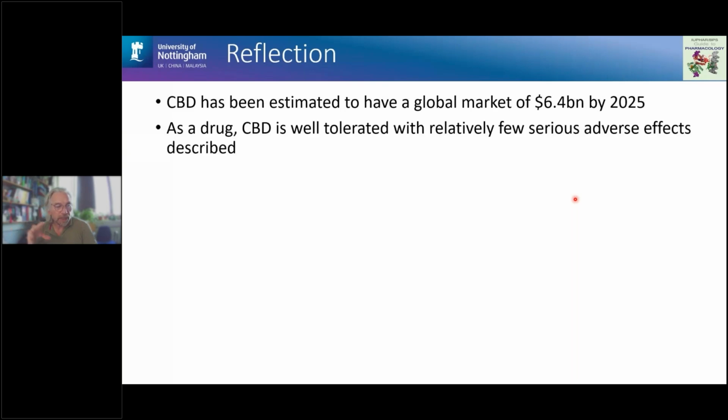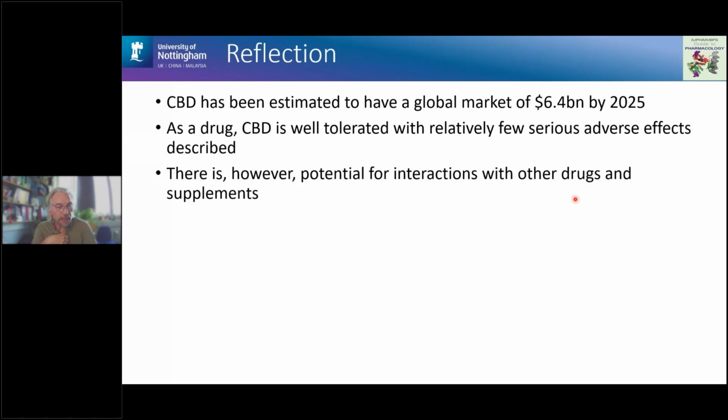We've got evidence that it's well tolerated on its own, but I think one of the things to be cautious about in the future particularly is this idea that it can change the way in which drugs are metabolized and other compounds that we take as supplements. And so there has to be some caution about the co-administration of CBD with other compounds.